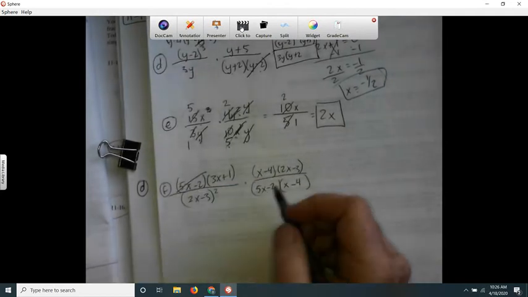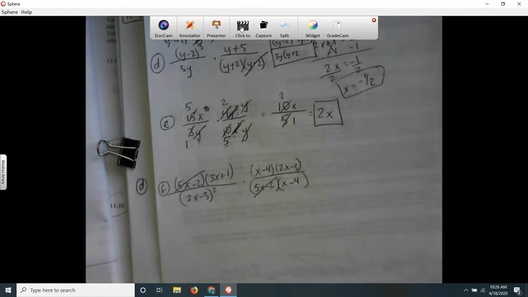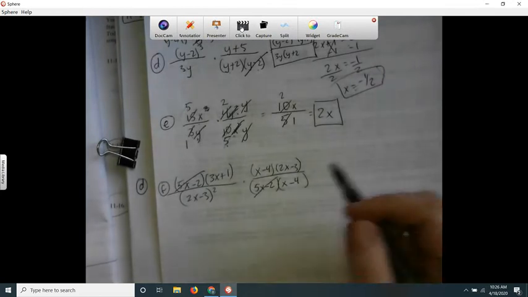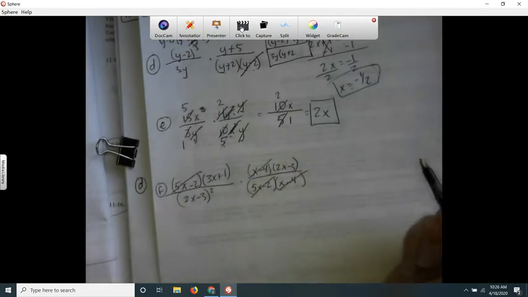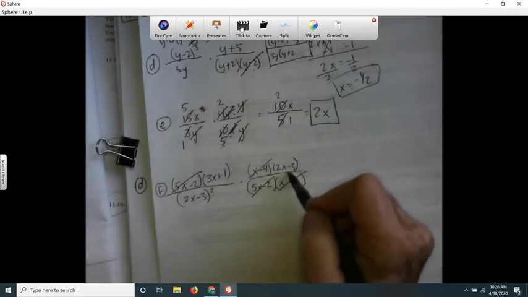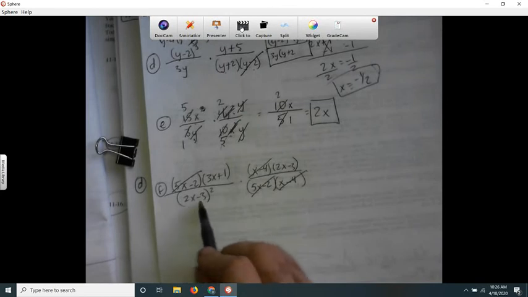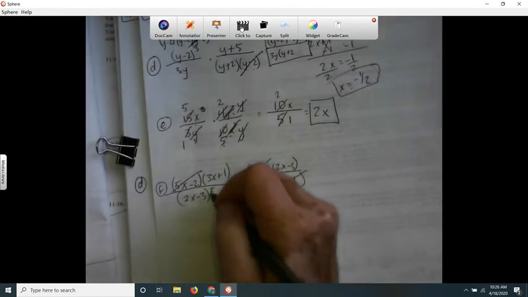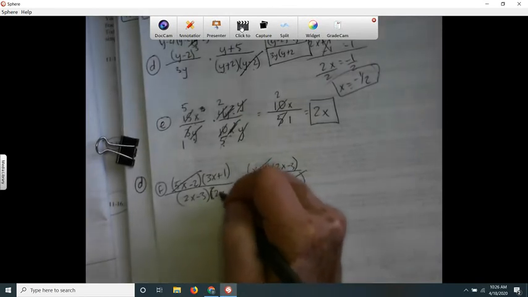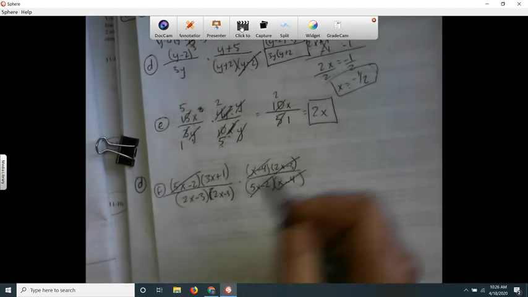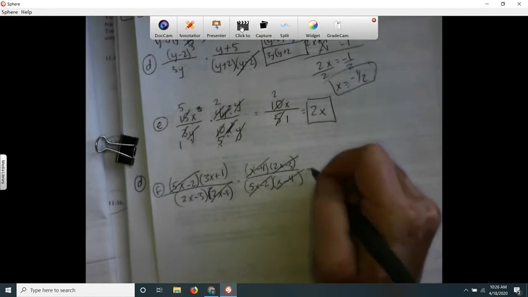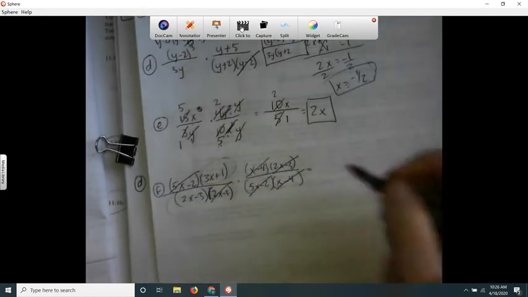Like 5x minus 2 over 5x minus 2 is a giant 1. X minus 4 over x minus 4, those are giant 1s. This 2x minus 3, there's two of them. This is 2x minus 3 and 2x minus 3, so I can get rid of this, and then I'm just left with this and this.